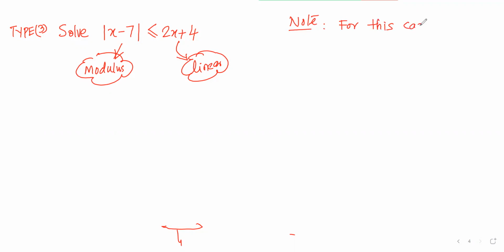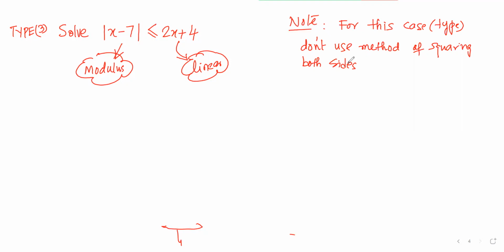For this type of question, don't use the method of squaring both sides.